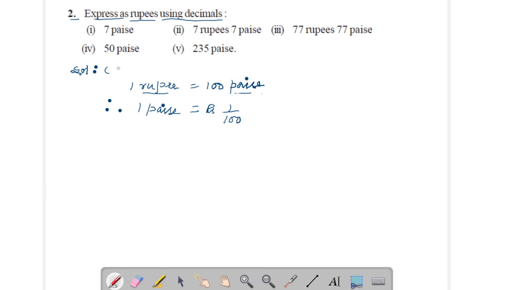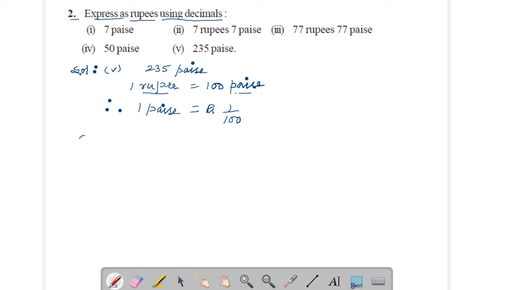Now come to fifth part. It is 235 paise. Here 1 rupee equal to 100 paise. Therefore 1 paise can be written as rupees 1 upon 100.